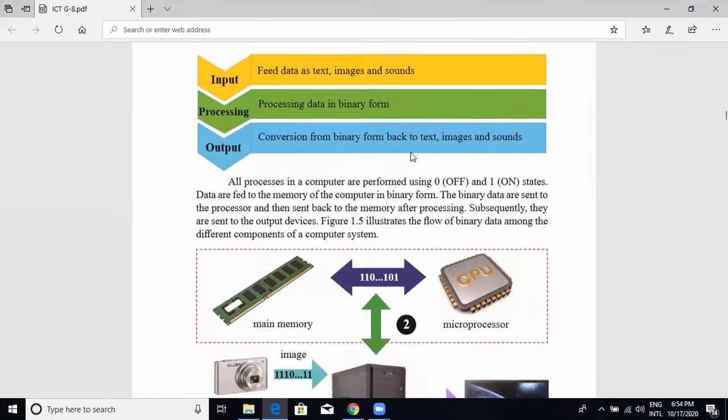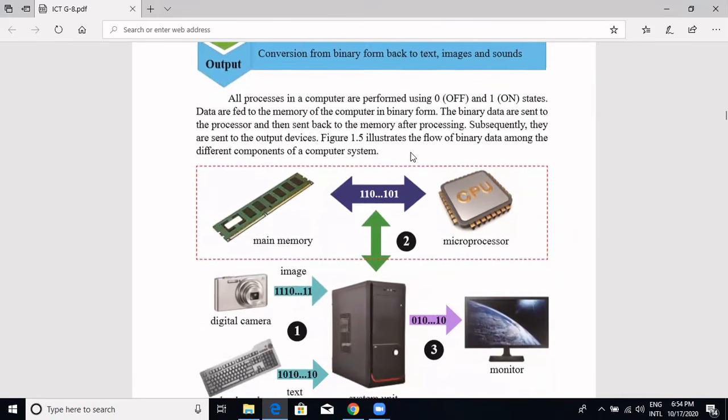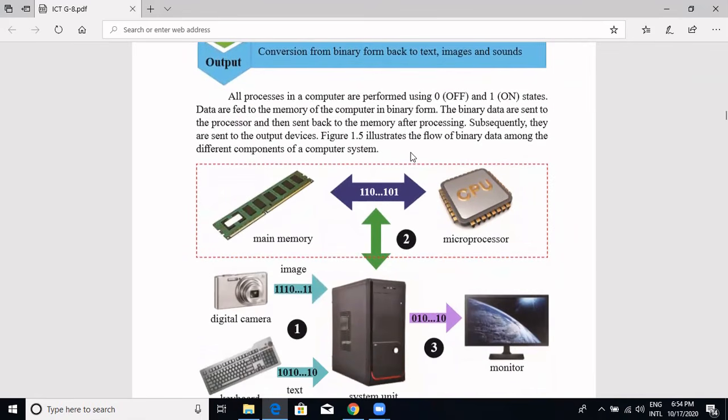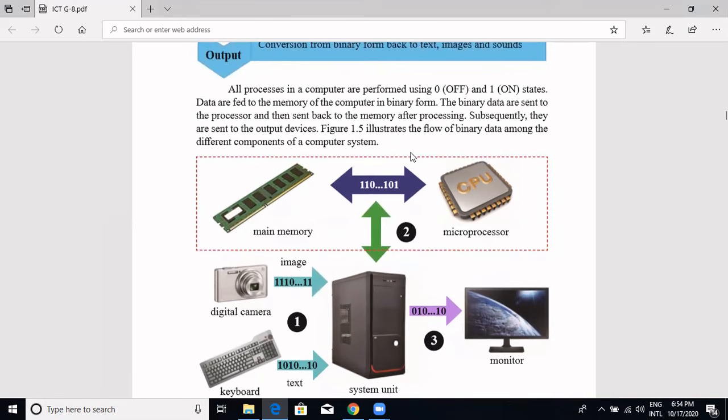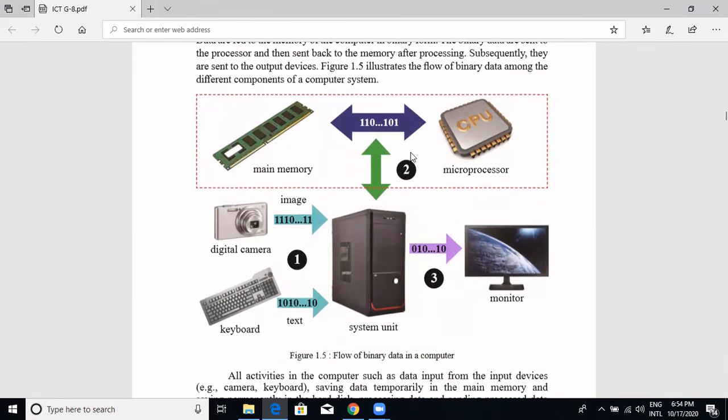Processing happens in binary form, and then the conversion happens from binary back to text, images, sounds, anything. So all processes in the computer perform with zeros and ones, that means on-off states. That's the main idea you have to understand.